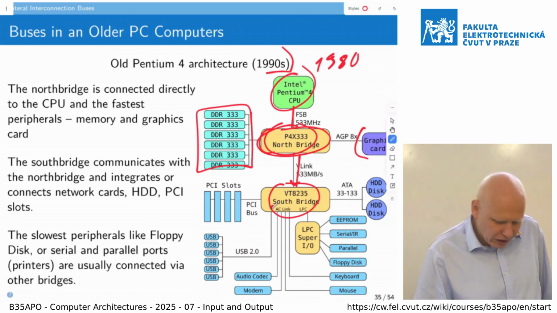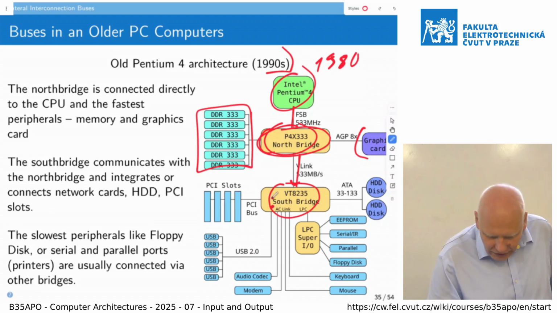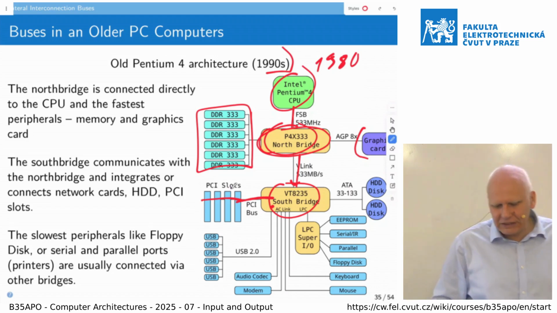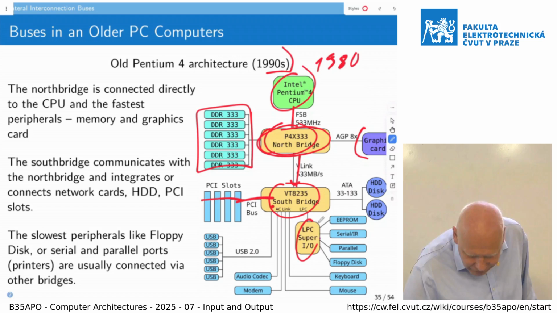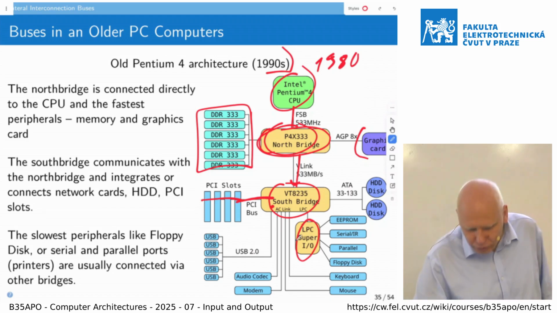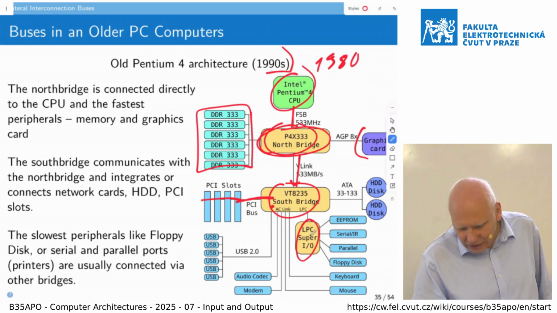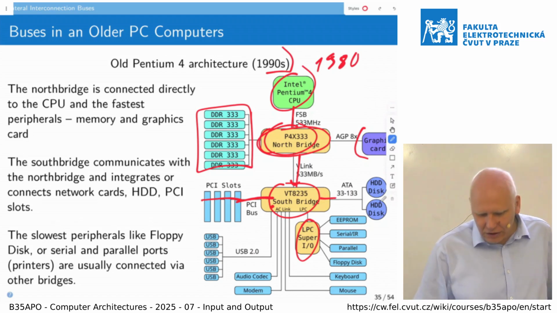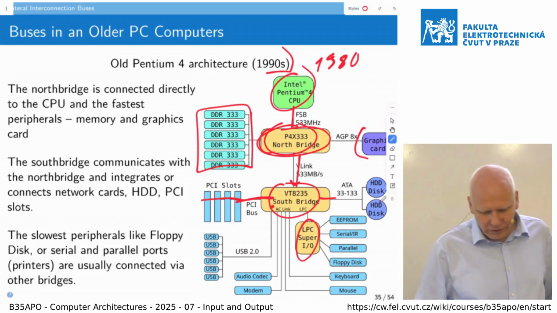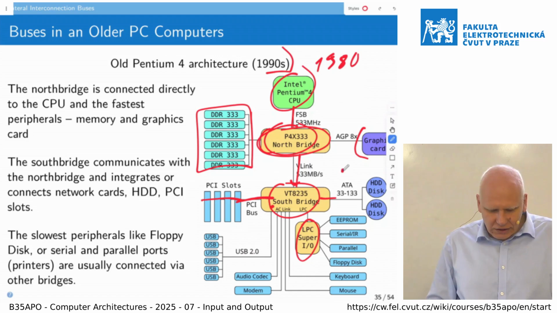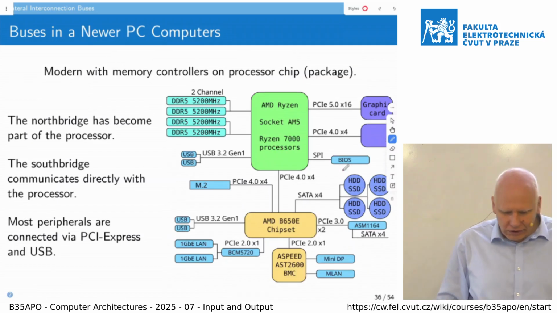So for example, USB usually divides there the communication and controls the PCI slots for the add-on cards, and using this 4-bit communication for those slow peripherals connected to LPC, the low pin count bus, it has usually some controllers to connect the hard disk and so on. So it was the old setup.